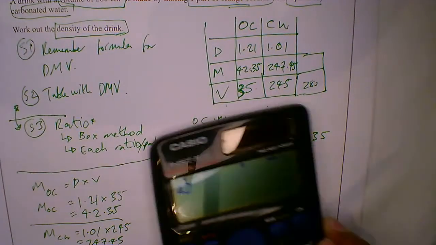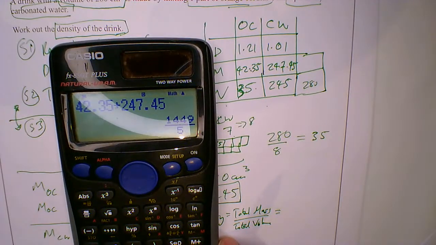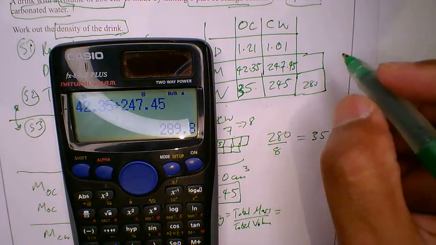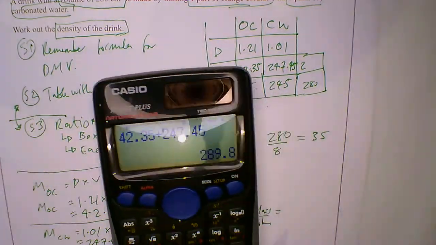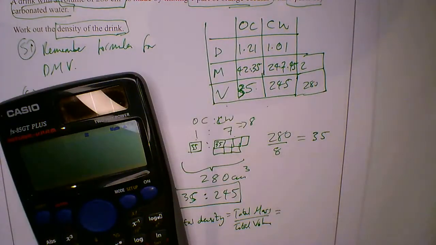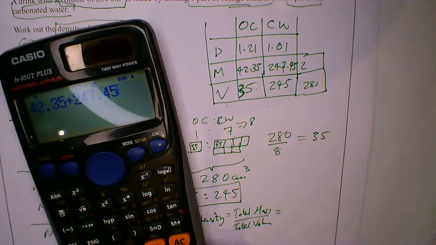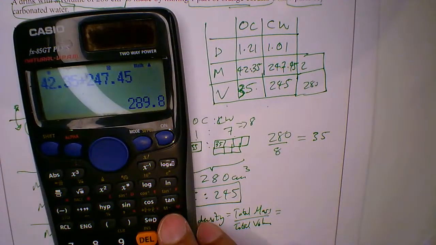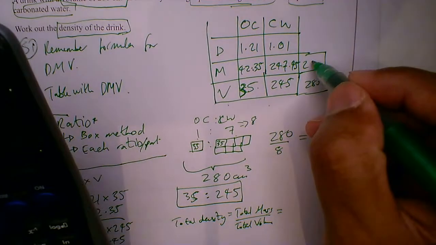So if I add these two together, 42.35 plus 247.45 gives me 289.8.